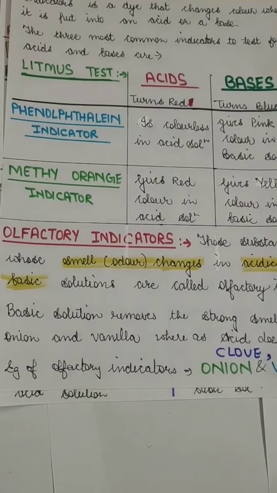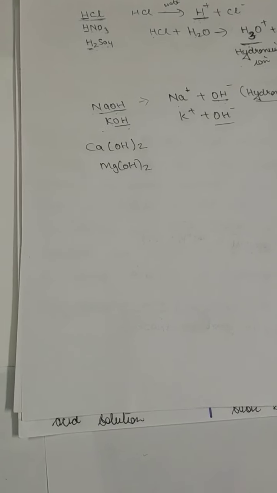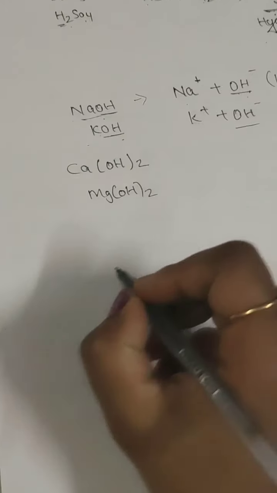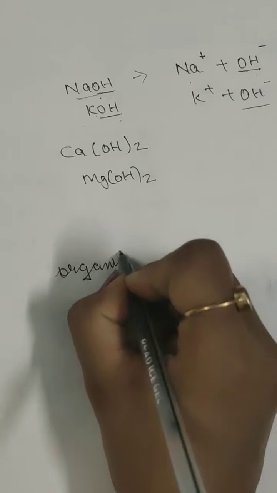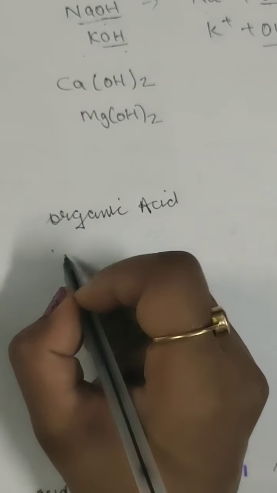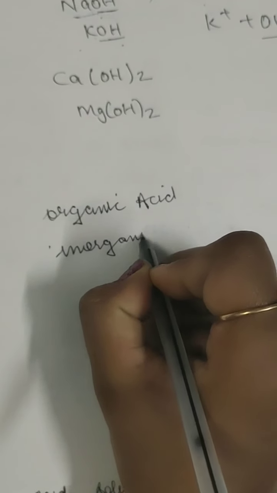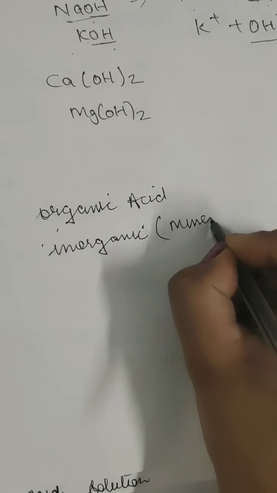Now coming to the next topic, strong acids and weak acids. Acids can be of two types: organic acid, or inorganic acid, also called mineral acid.